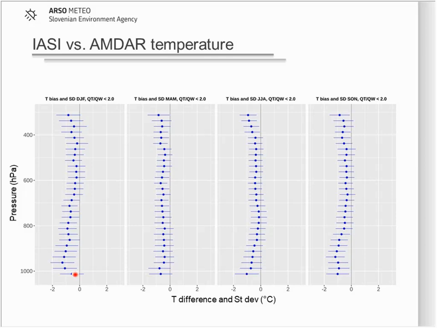And we learned yesterday that IASI profiles are much smoother than typical in situ measurements. So in situations when we have these large gradients in inversion situations, we get these larger differences. Okay, and then also in the summer, the differences are the largest at the bottom.